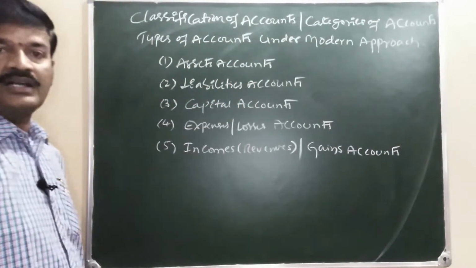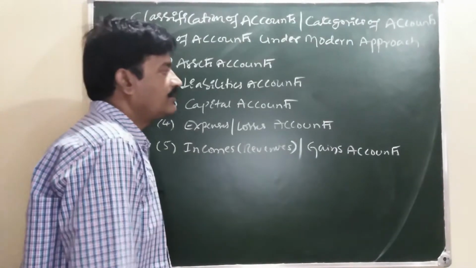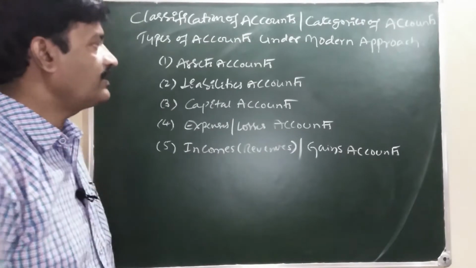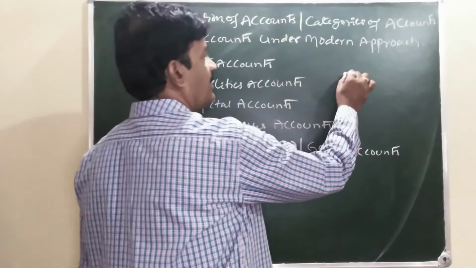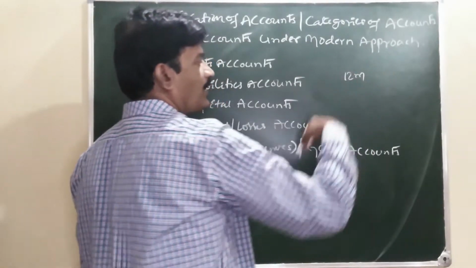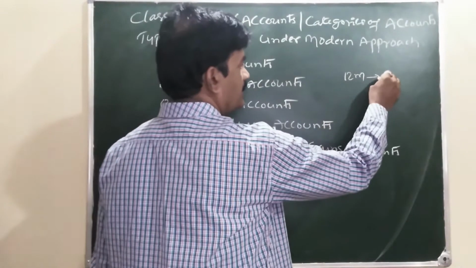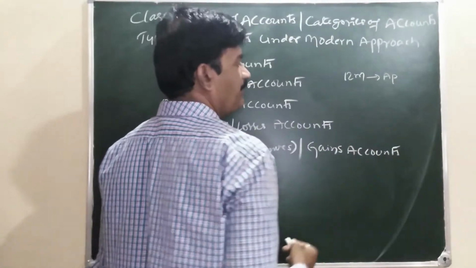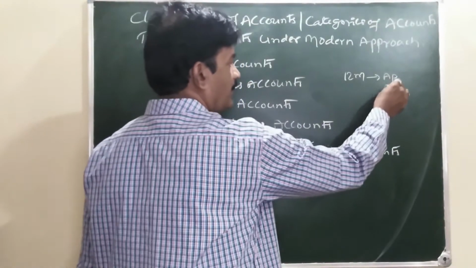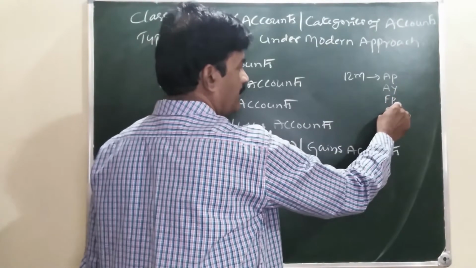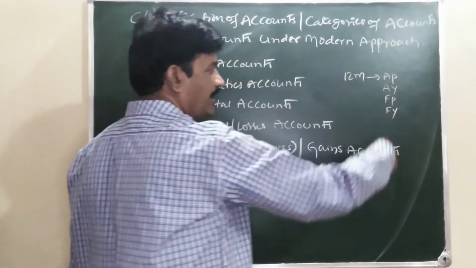The profit or loss of the business and financial position of the business is ascertained once in a year. A year consists of 12 months period. This 12 months period is known as accounting period, accounting year, financial period, financial year.